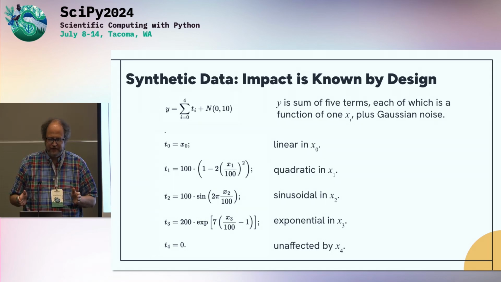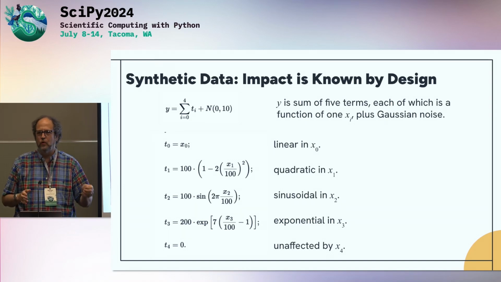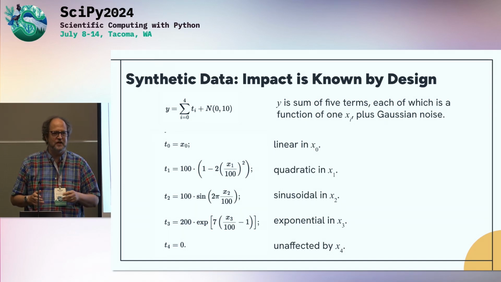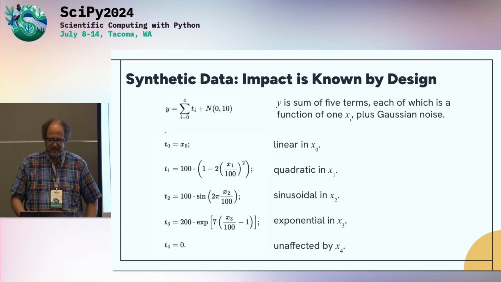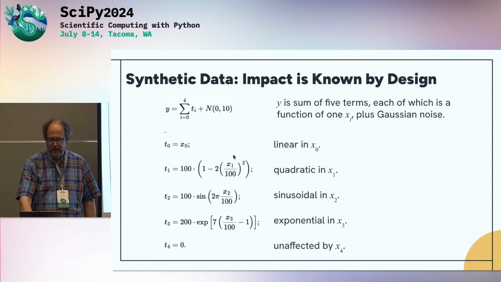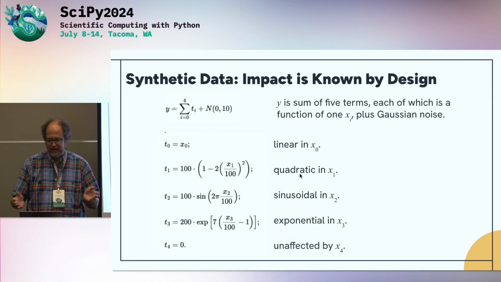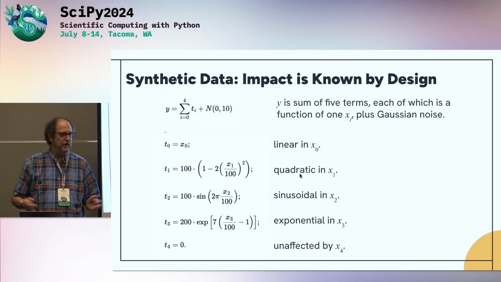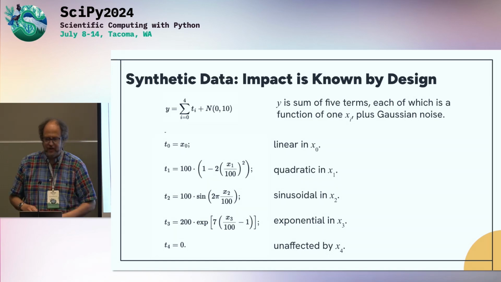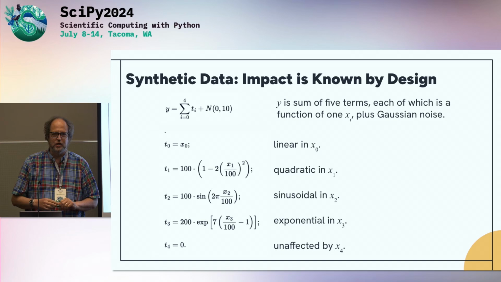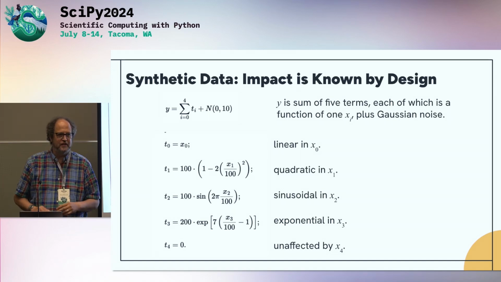There are 5 different x's, and the y is a sum of 5 different terms, one based on each of the x's. Actually, the last x doesn't do anything. The effect of x0 is linear, the effect of x1 is quadratic, then I've got a sinusoid, an exponential, and then a sort of dummy variable x4 that has no effect at all.